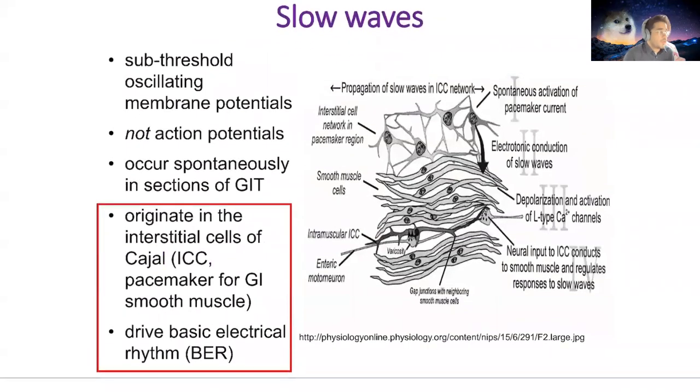Slow waves. Now, the slow waves are basically just natural waves that are going in sequence based off of what's thrown at it. And they originate from the cells of Cajal, and they're basically the pacemaker. Just like how your heart has a pacemaker system, these are driven by the mechanical pressure that you're putting on the stomach, right?